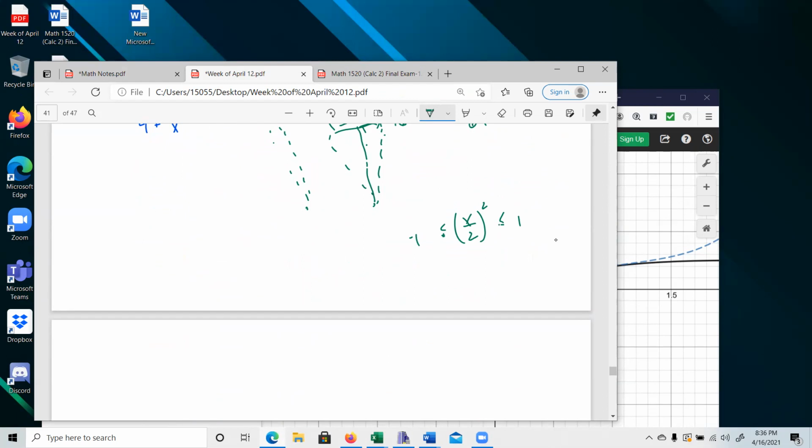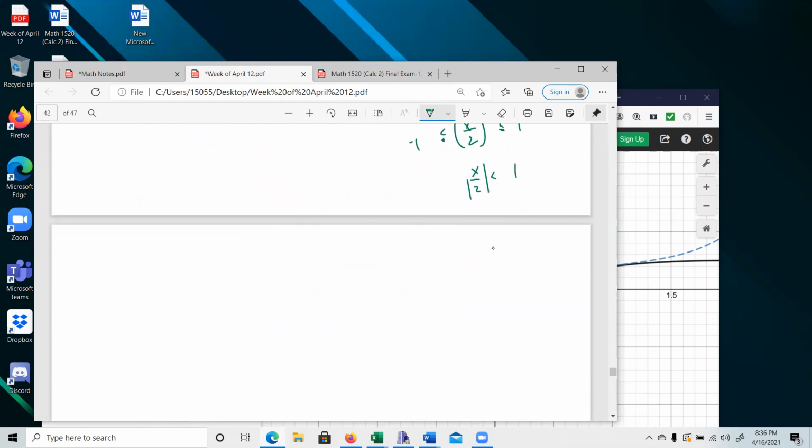If I take the square root of both sides, we just get that the absolute value of x has to be less than 1. So we're going to have x between 2 and negative 2. That's absolute value stuff.